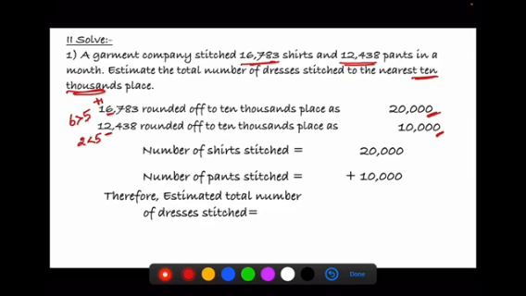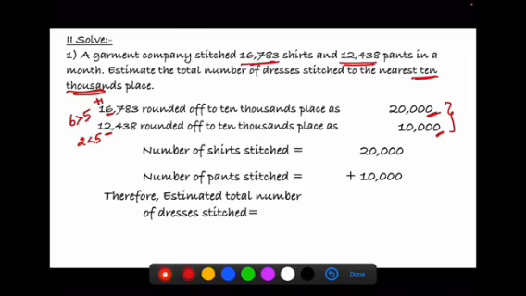Now we have got these two numbers, 20,000 and 10,000, as rounded off numbers of shirts and pants manufactured in a month. Now the number of shirts stitched, if we take the estimated value, is 20,000. Then the number of pants stitched is 10,000.